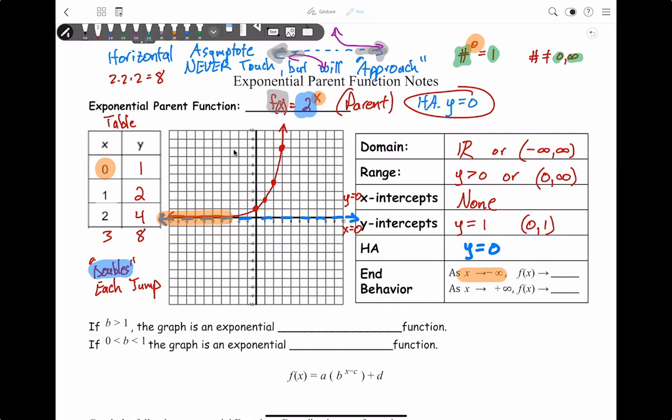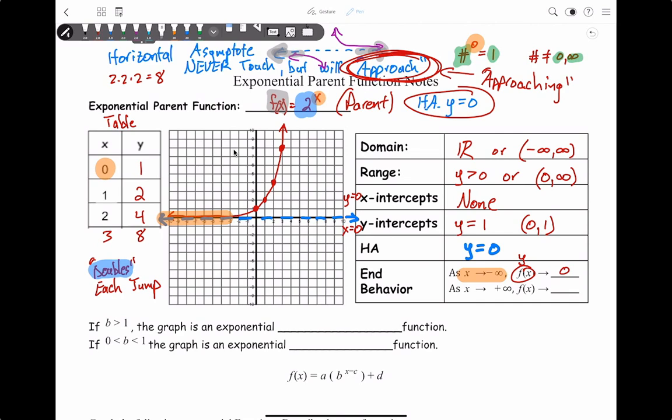This f of x is the y value. We want to know what it wants to approach, something it doesn't have to hit, but that it's approaching. So it looks like the y value is approaching 0, like y equals 0.